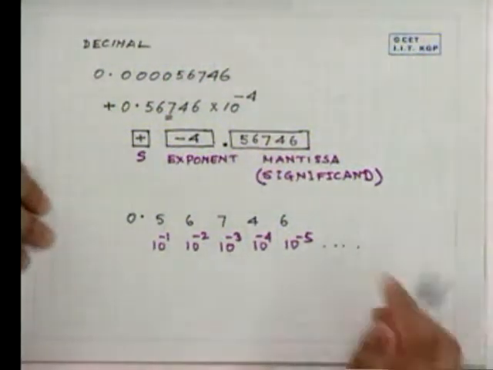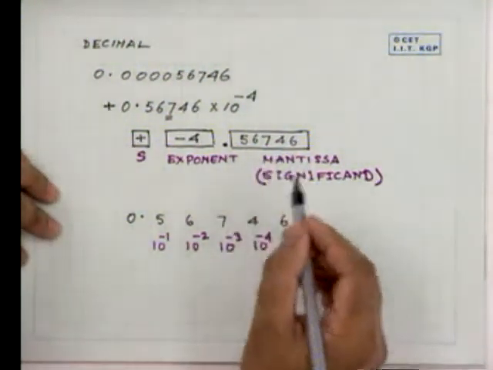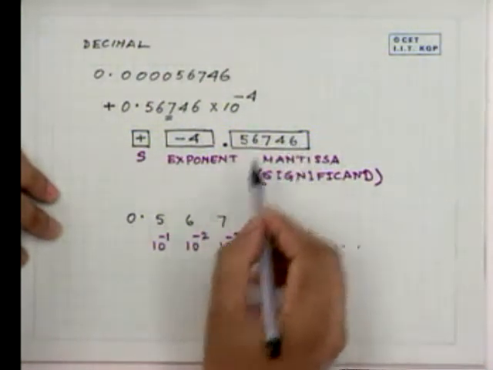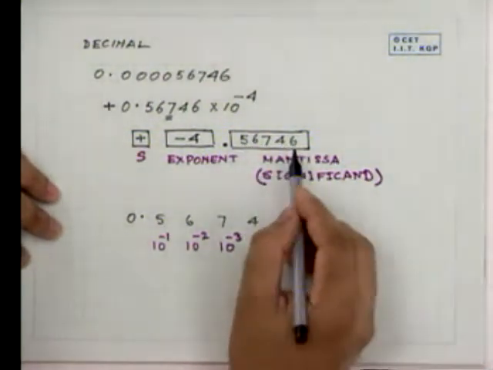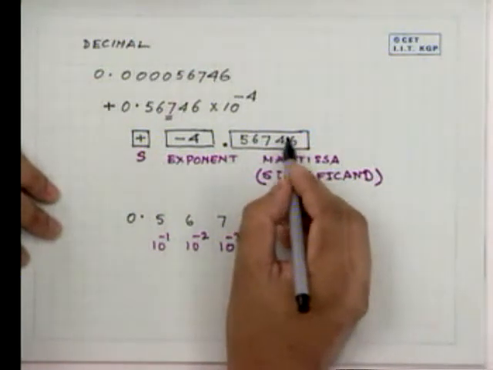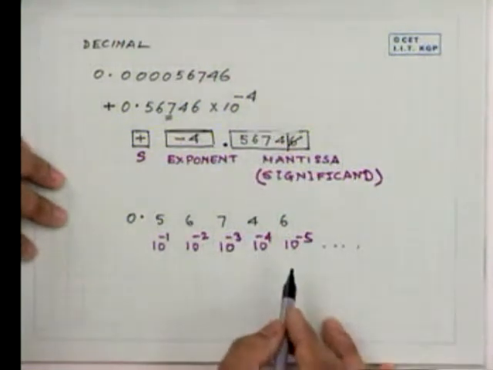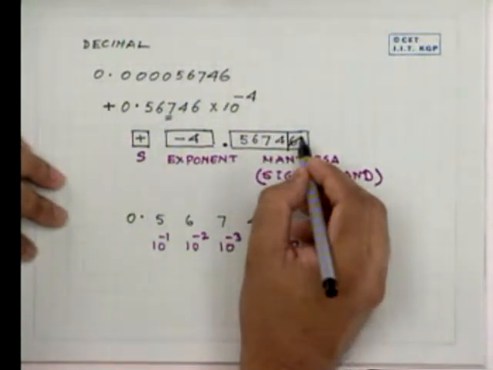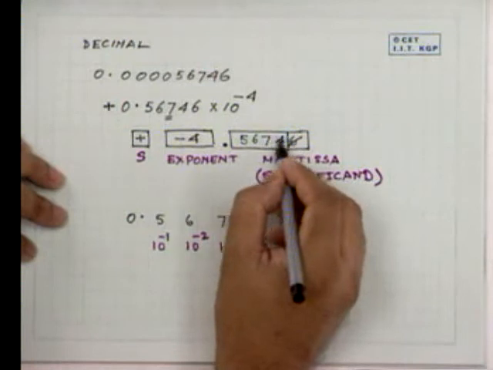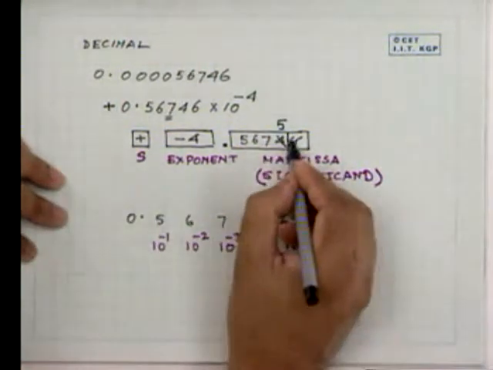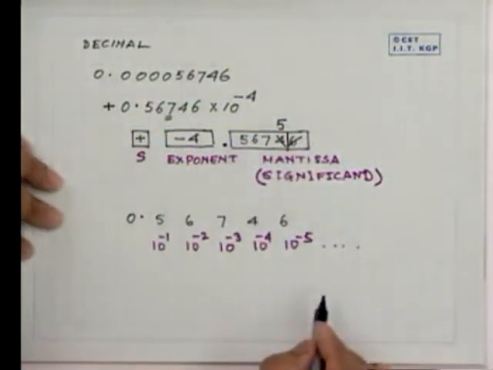Now, say we do not have 5 positions to represent the mantissa in our computer. In that case, we'll have to discard this decimal digit, and we will have to round off the previous digit to 5 here, since 6 is greater than 5 in this position.